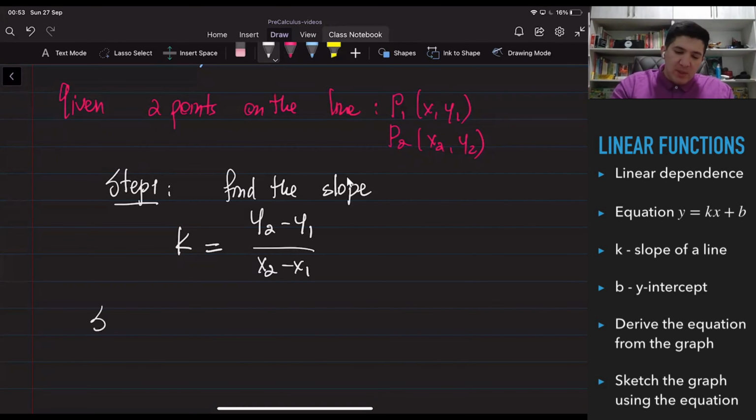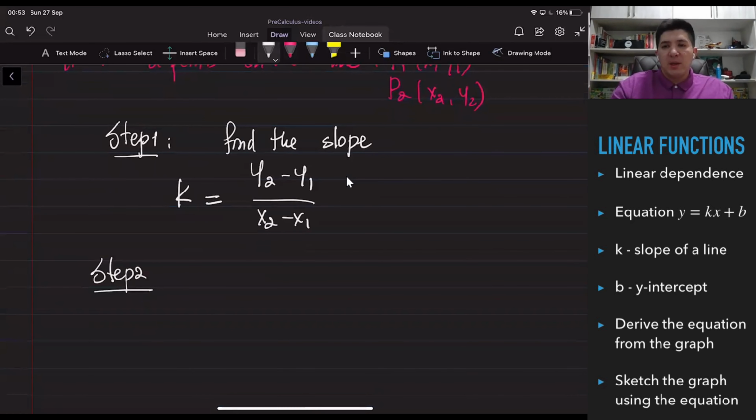So in step number 2, what we need to do is find the y-intercept. What does it mean? So we assume the slope is k1.